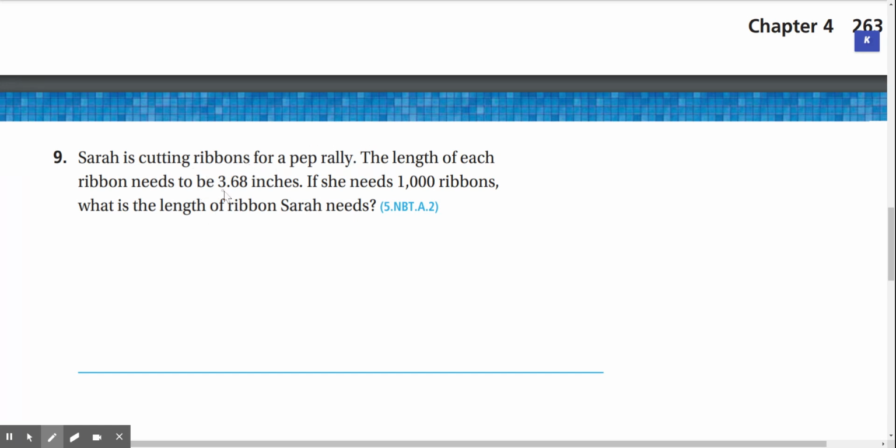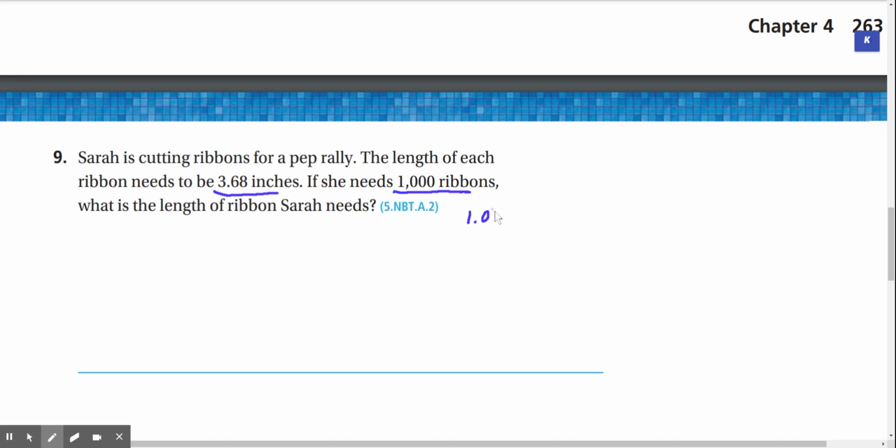Number 9. Sarah is cutting ribbons for a pep rally. The length of each ribbon needs to be 3.68 inches. If she needs 1,000 ribbons, what is the length of the ribbon Sarah needs? Well, we need to multiply 3.68 times 1,000.